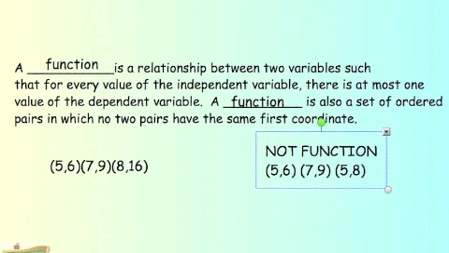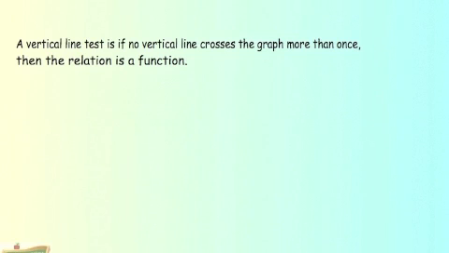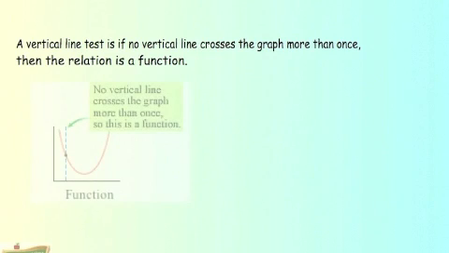Another way that you can tell whether or not a graph is a function is by using what we call a vertical line test. By definition, a vertical line test is if no vertical line crosses the graph more than once, then the relation is a function. Here's an example of a function.